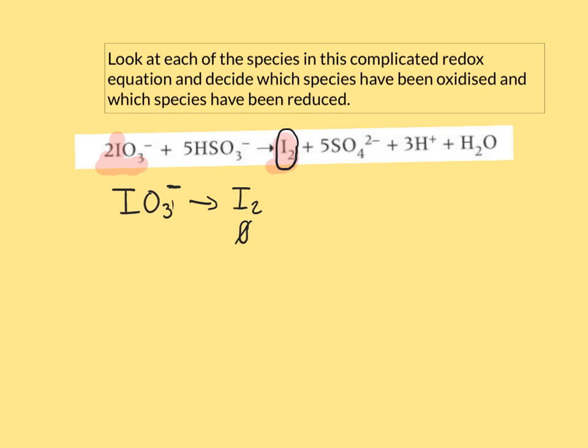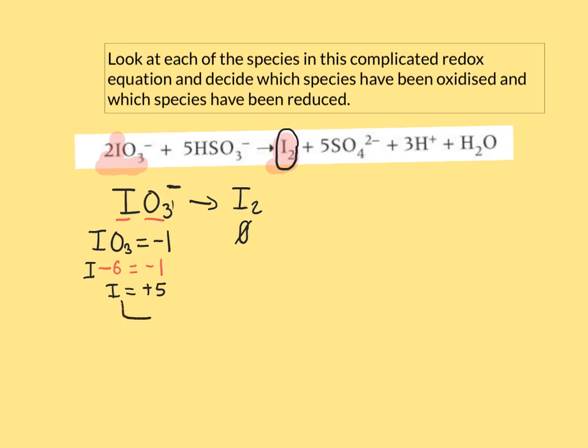So let's use our rules that we just did to work out the oxidation state of the iodine in iodate. Remember, the sum of the oxidation states gives the overall charge on the ion. We know that oxygen is -2 and there are 3 of them, so that now equals -1. If we add 6 to both sides, iodine in this case has an oxidation state of +5.